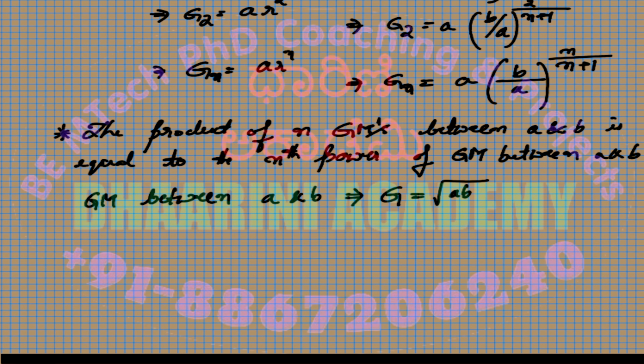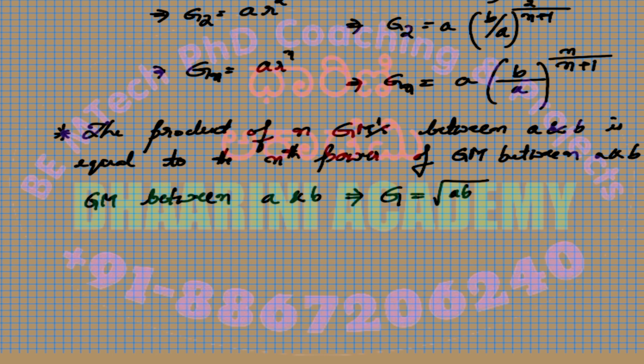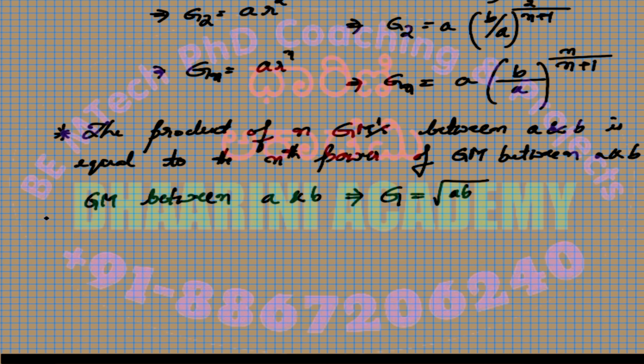Now, if there are n number of GMs inserted between A and B, then they have to follow the GP, correct? So A, G1, G2, up to Gn, B are in GP, so that G1, G2, G3 up to Gn are the GMs of the numbers A and B. They have to be in GP.